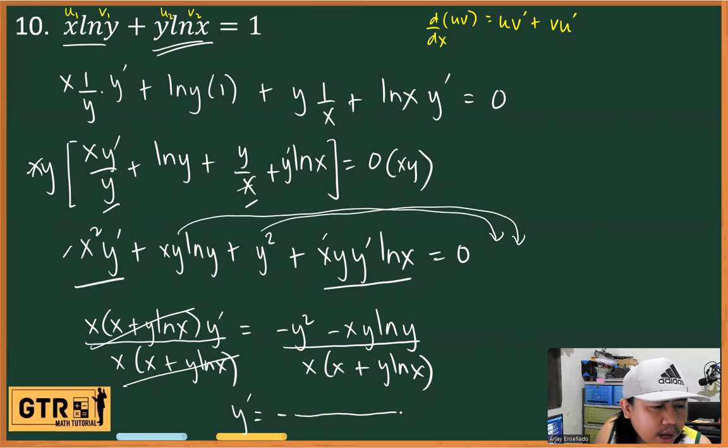And then factor out the common. They both have y. Okay. So we have the denominator. Just copy x times x plus y ln x. And then factor out y. And then we factor out also the negative and then put here. So therefore, we have factor out y. So we have y plus factor out y x ln y.